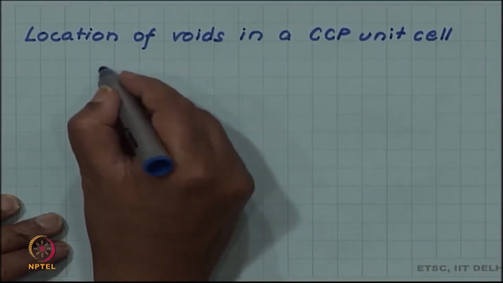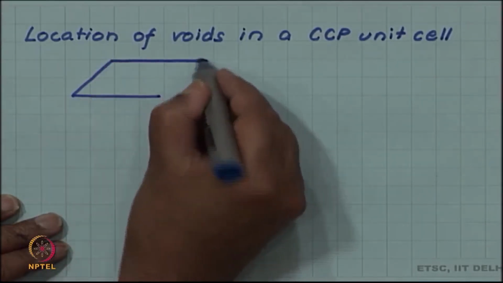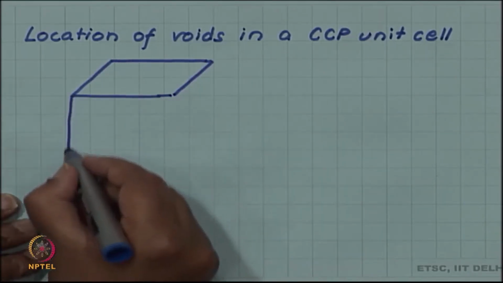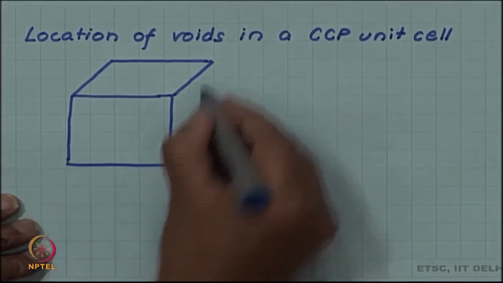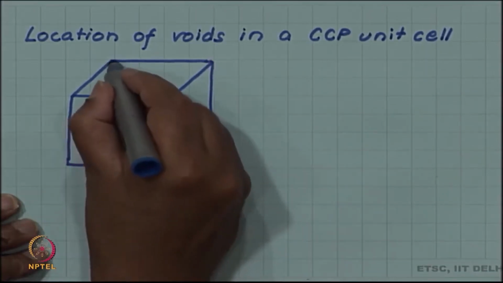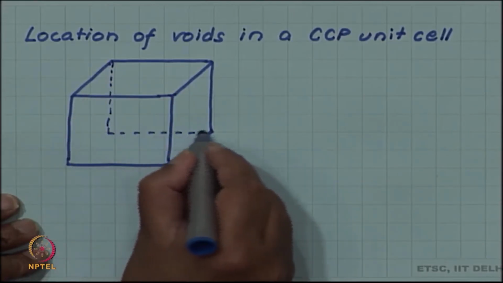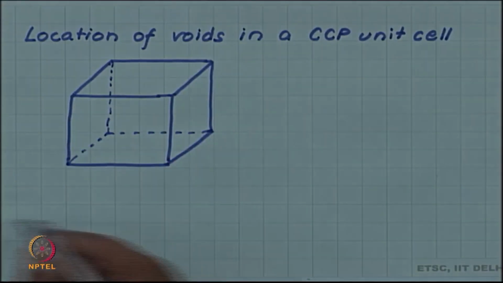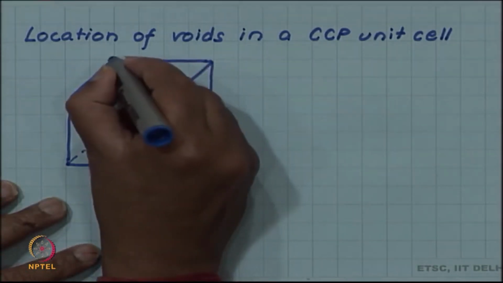Let us draw a schematic CCP unit cell. Now, let me not draw the atoms in full size, because that of course will make it too complicated.